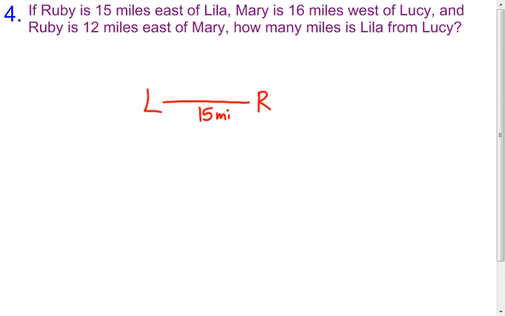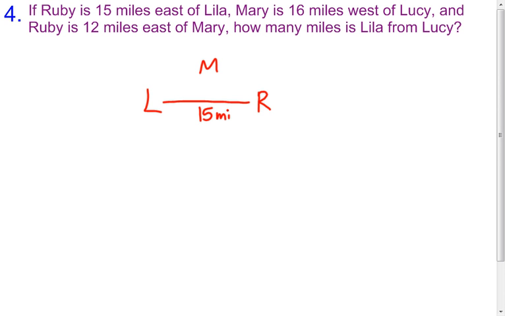Okay, so it's a little bit tricky to figure out, but we have Mary, who is 16 miles west of Lucy, and it doesn't really say where Lucy is. And Ruby is 12 miles east of Mary. So here's what this is going to look like. We have Mary, again, who is 16 miles east of Lucy.